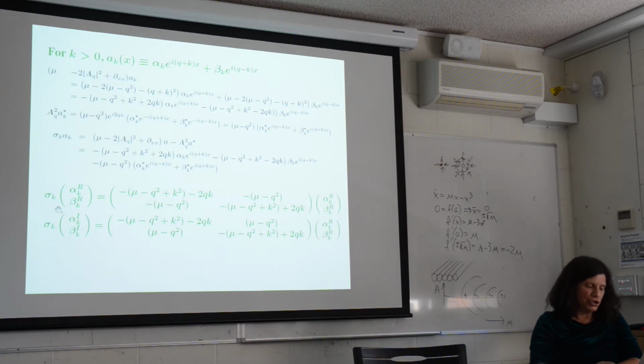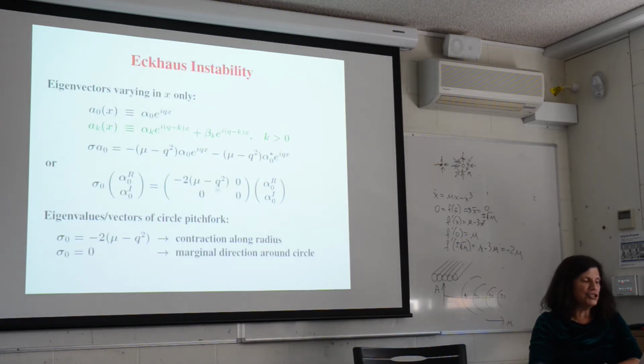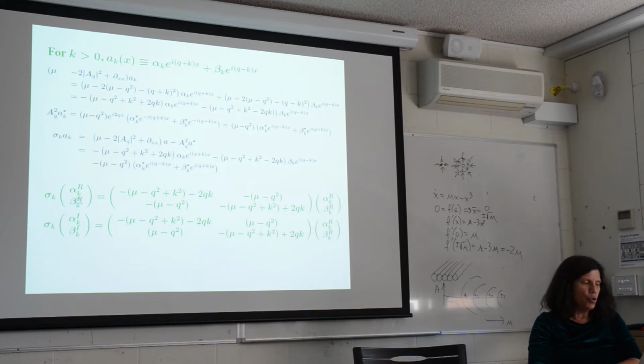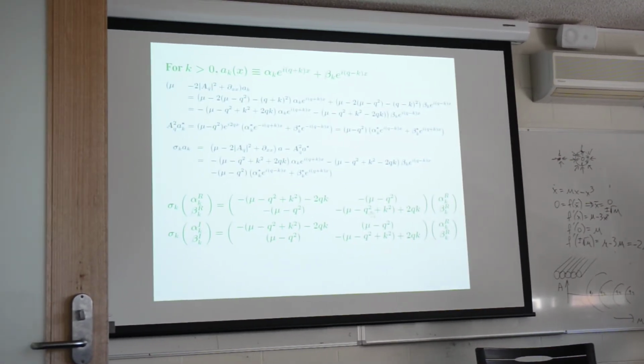What you end up with, just as before, we ended up with this as the Jacobian matrix. Now, for alpha K and beta K, we end up with this as the Jacobian matrix.